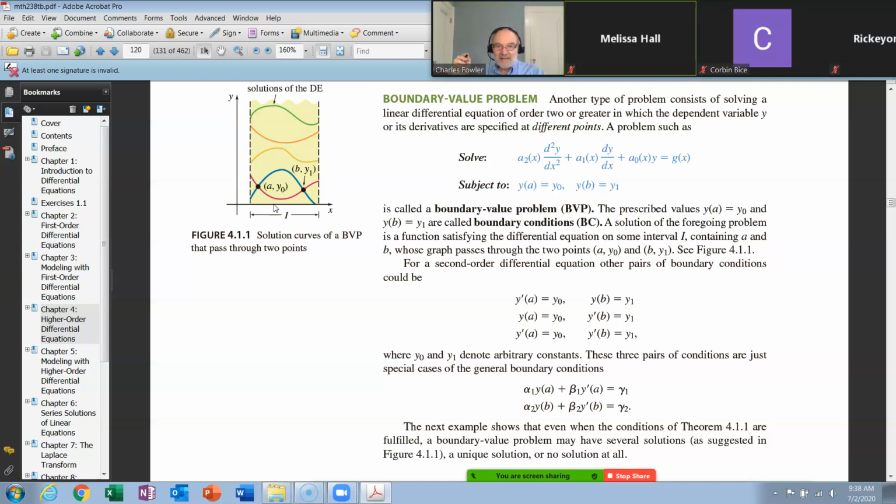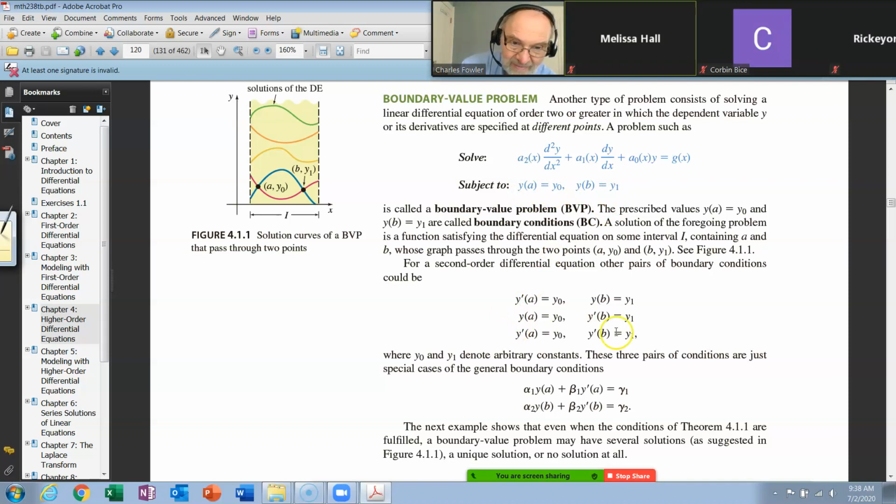Now, for a second order differential equation, you can have other pairs of boundary conditions. Notice this one was y at a is y0. You could have also had y prime at b is y1, and that's the one they give here. Or you could have had y prime at a is equal to y0 and y of b is equal to y1. Or you could have y prime of a is y0 and y prime of b is y1.